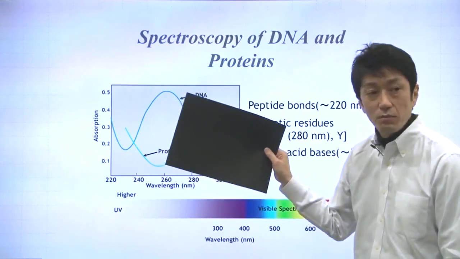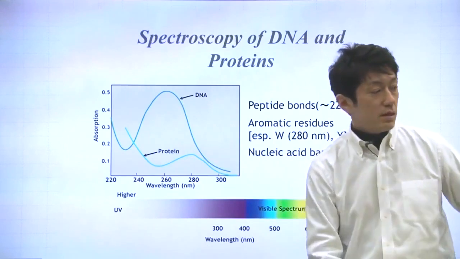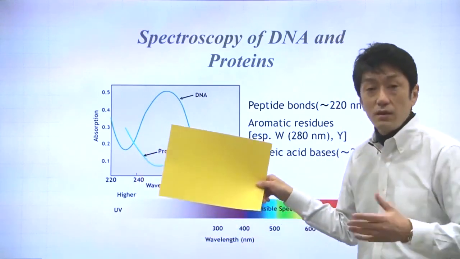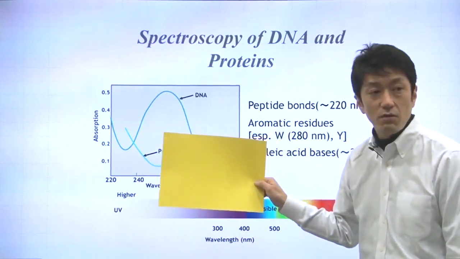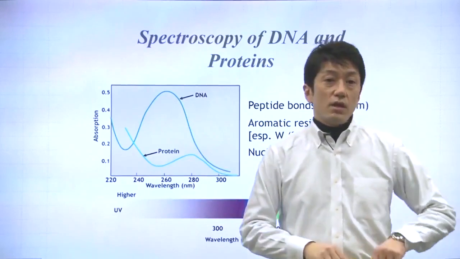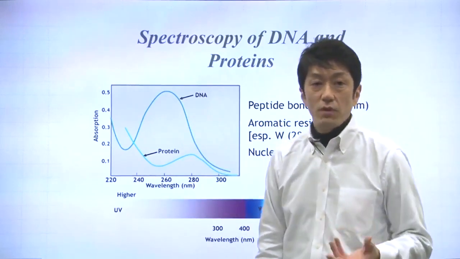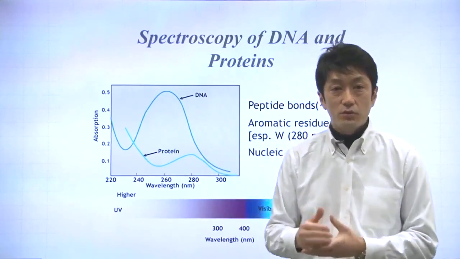That's why it is black. Yellow paper absorbs the light except yellow light. That's why it is yellow, right? So, different chemicals absorb lights at different wavelengths. Then what's going to happen after chemicals absorb the light?